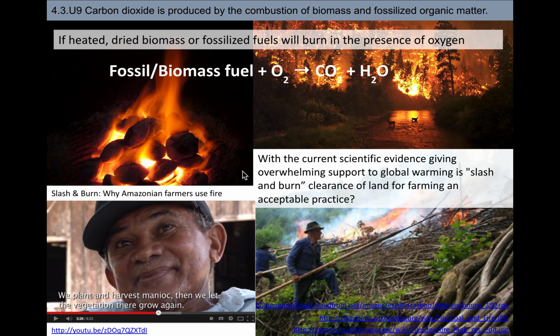With current scientific evidence giving overwhelming support to global warming, and it being because of us burning organic matter and releasing this carbon dioxide, would slash and burn, clearing of land for farming, be an acceptable practice? Should it still be an acceptable practice?